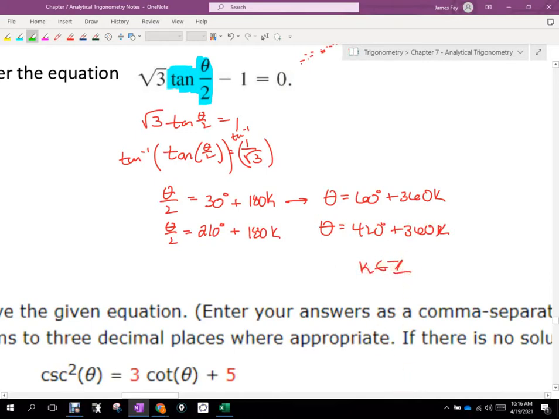And that sets up your solutions for your infinite interval. From negative infinity to positive infinity, your solutions are going to be modeled by 60 plus 360k and 420 plus 360k. But what if k right there was 1? What would that produce?